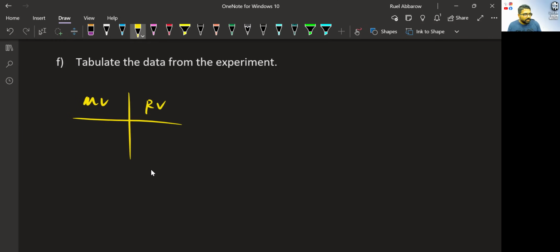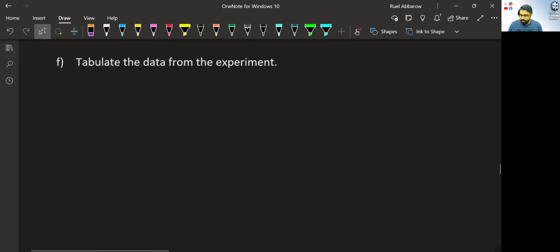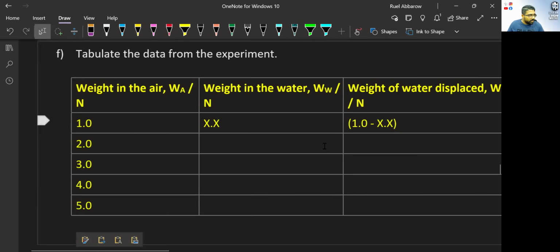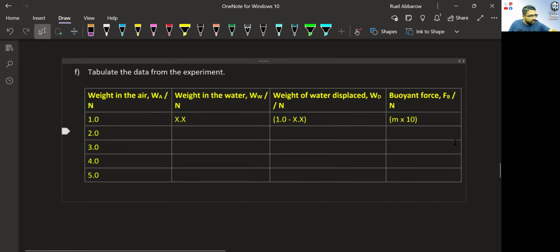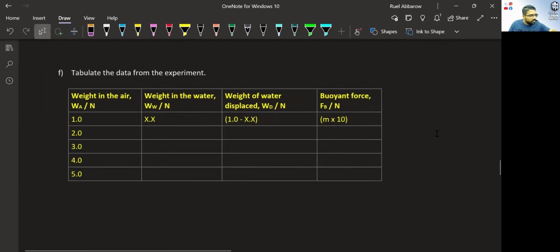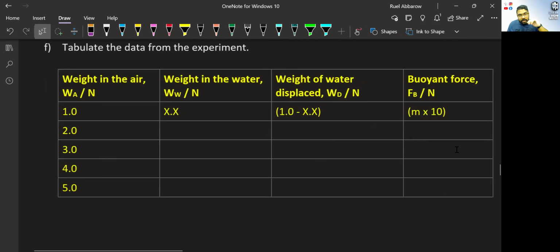Okay. So if you've reached this point, I hope you've already tried your own table. But this is the header sample that is given in your textbook. Let me point that out first. Okay. So here you can see, what is the MV? MV is weight of water displaced, right? So MV is here.